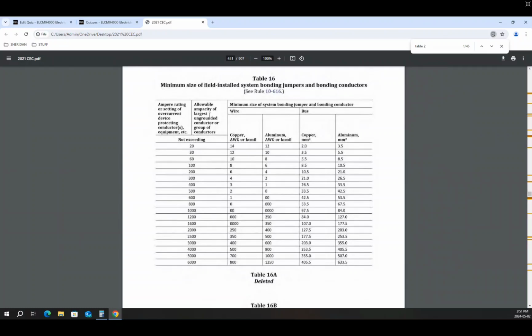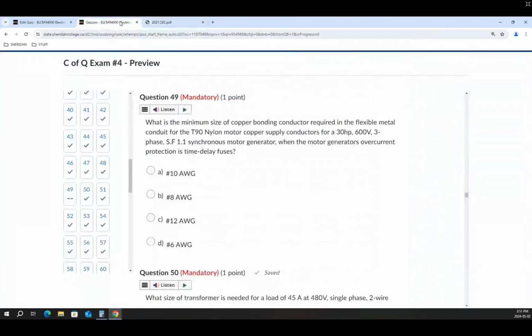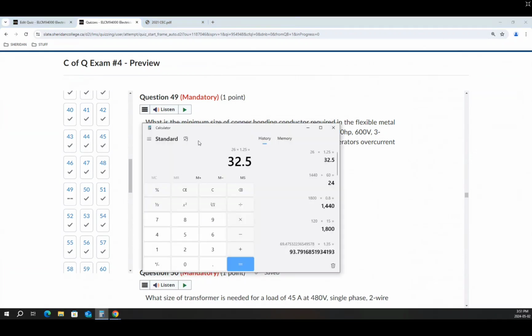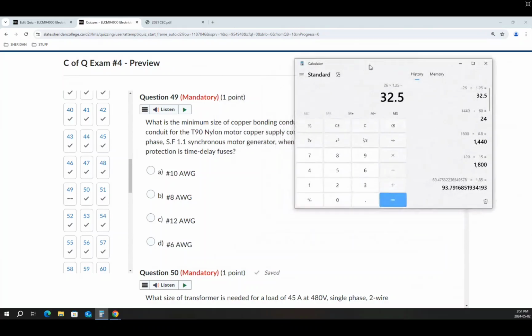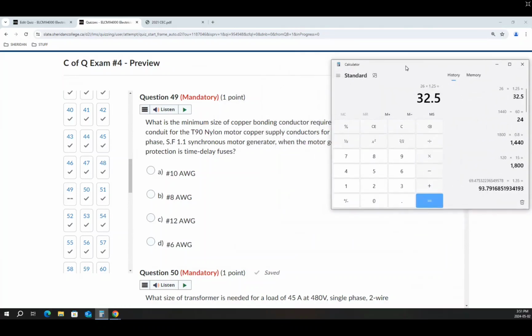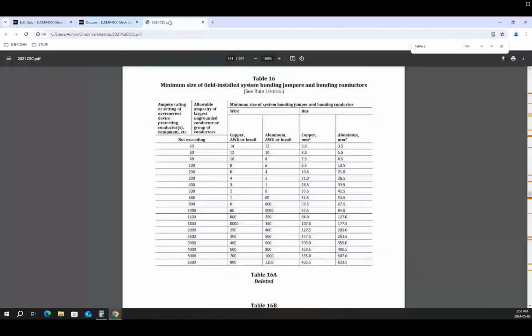So we've got the ampacity of, oh shoot, 32.5, which was a number 10.